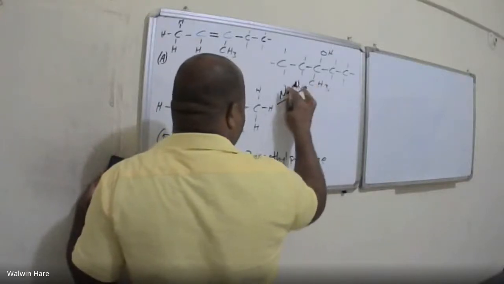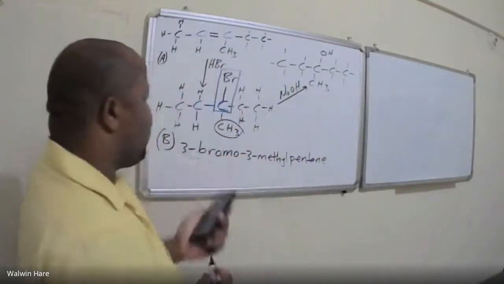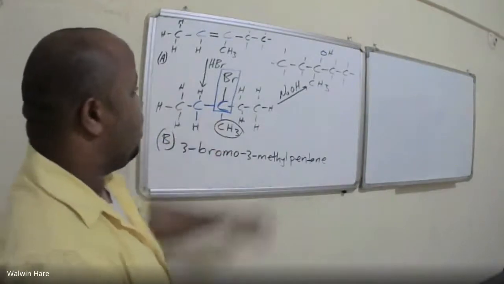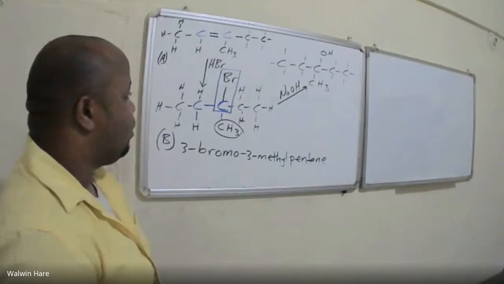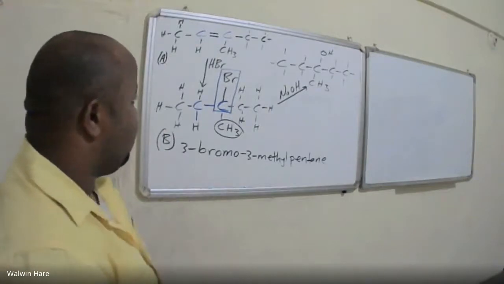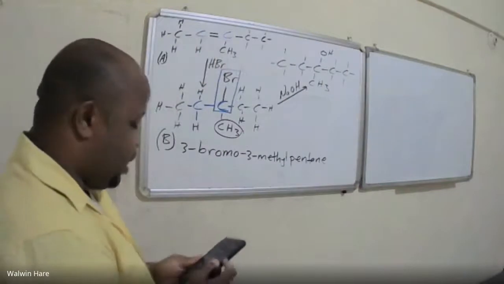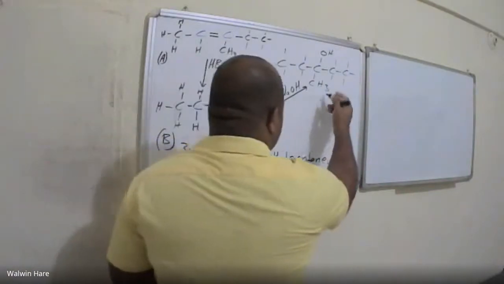The ethanol is the solvent. So sodium hydroxide, you react it with the haloalkane, you will get the alcohol. Nucleophilic substitution, because the hydroxide ion of the sodium hydroxide replaces the Br. So that is the structure of compound C.